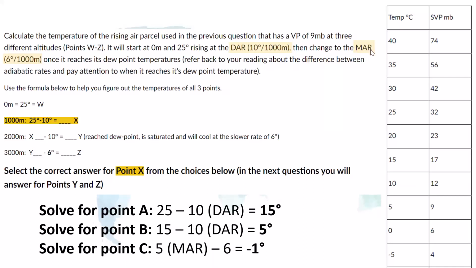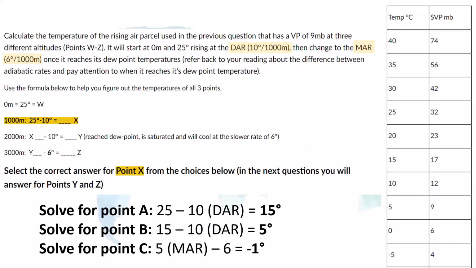Our moist adiabatic rate is going to be minus 6 degrees. So hopefully we understand how this connects here, because then we are going to take our 5 degrees as that air continues to rise, subtract 6 degrees from it across the next 1,000 meters, because we have gone from our dry adiabatic rate to our moist adiabatic rate, and that is going to leave us with negative 1 degrees Celsius.